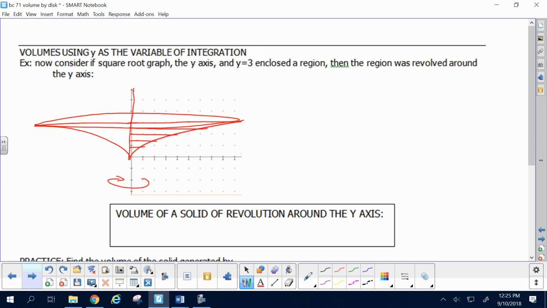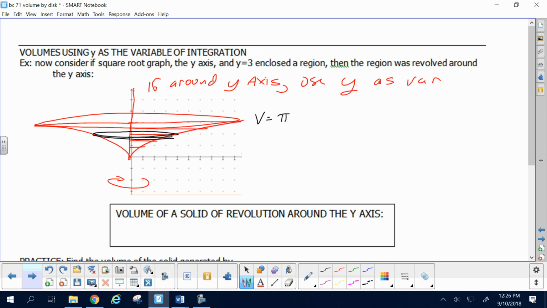All right. Now, if it's around the y-axis, then we're going to use horizontal rectangles and use y as the variable. If I were to look at one rectangle, I'm going to take this rectangle, revolve it, and I'm going to get solid discs stacking vertically instead of horizontally.